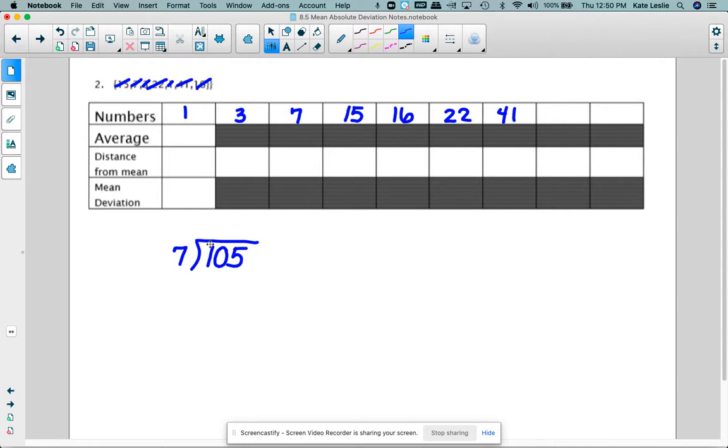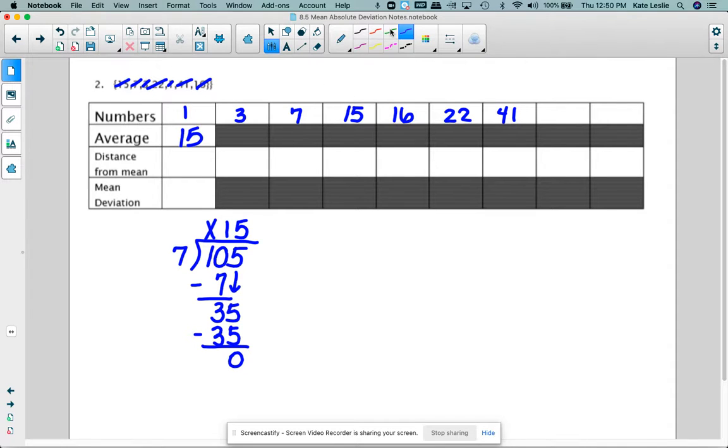Let's go ahead. 7 can't fit into 1, but it can fit into 10 one time. 7 times 1 is 7. 10 minus 7 is 3. Bring down the 5. 7 goes into 35, 5 whole times. And 5 times 7 is 35. All right, so my original mean is 15.